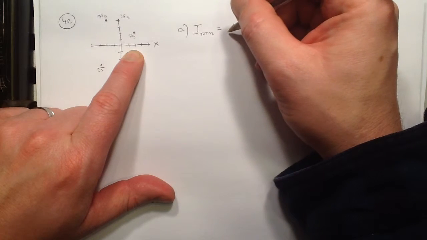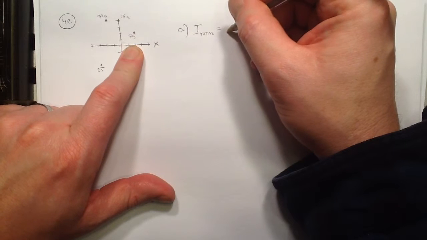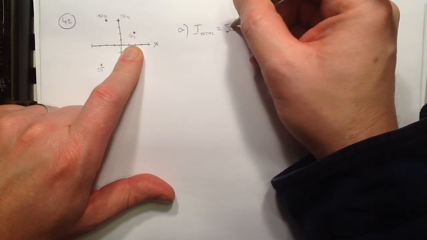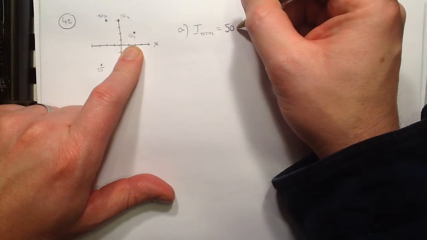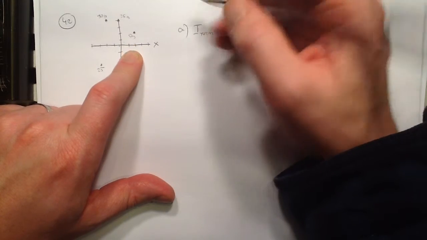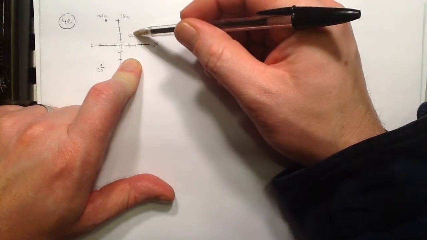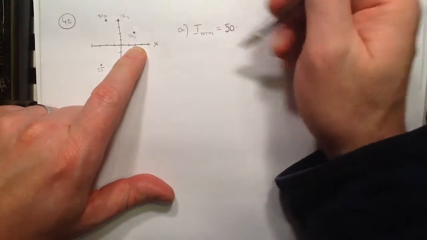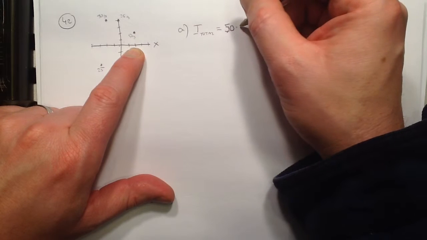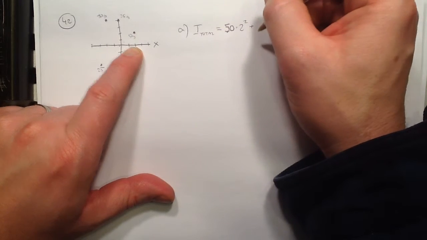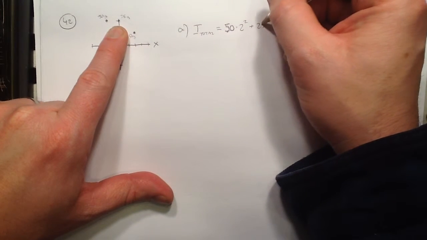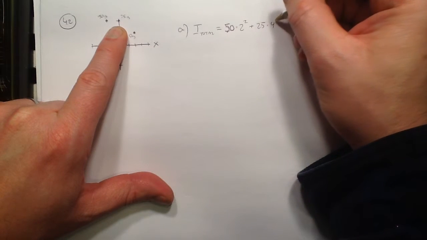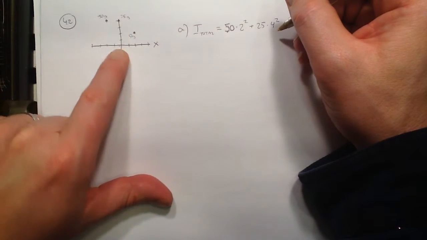Okay, so the first one is, I'm going to say this is the first particle. That's m times r squared. And if I'm rotating around the x-axis, it's not the distance to the origin, it's the distance from the axis. That is 2 squared. This one has a mass of 25 grams, and it's a distance of 4 from the x-axis. That's the axis of rotation, right?